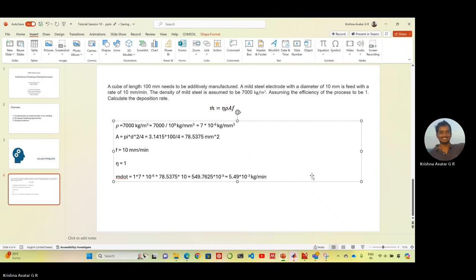Since 10 power minus 3 kg is a gram, we have 5.49 gram per minute. So this will be our deposition rate of the filler material to the weld pool.